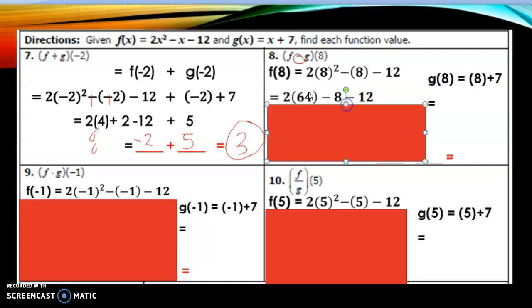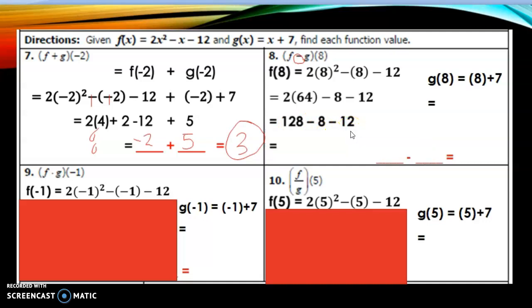Okay, so if we do that with f, we plugged in 8. 8 squared, 64. So we have 2 times 64 minus 8 minus 12. Well, 2 times 64 is 128. 128 minus 8 minus 12 actually equals 108. Okay, so the function f is simplified to 108.